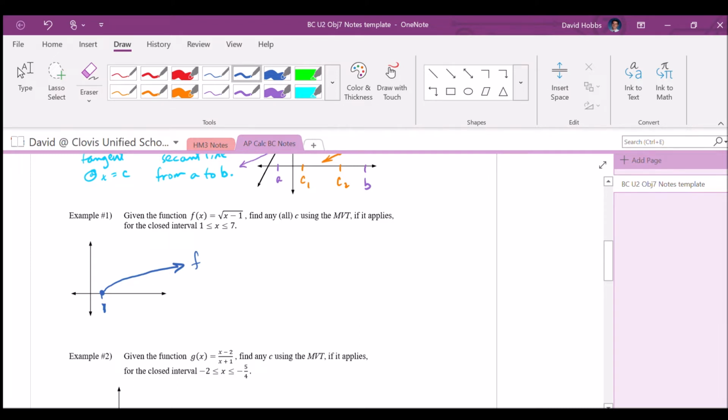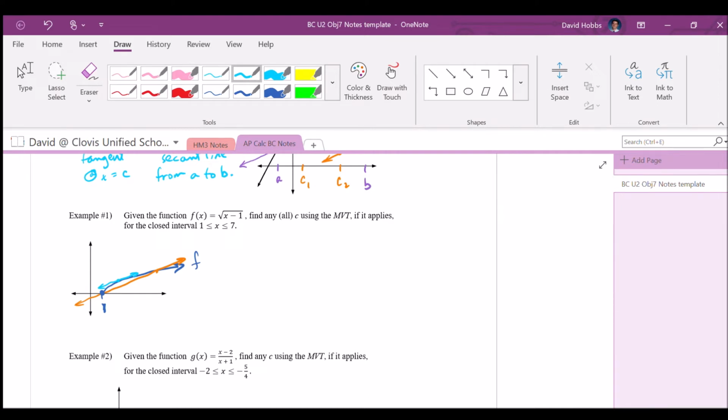Even if I draw in 1 and 7 and the secant line, we can see that there should be some point in here where the slope of the tangent line will equal the slope of the secant line. But we're not trying to do an approximation here. We're trying to actually calculate it.